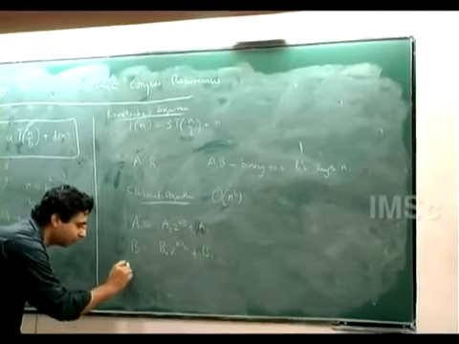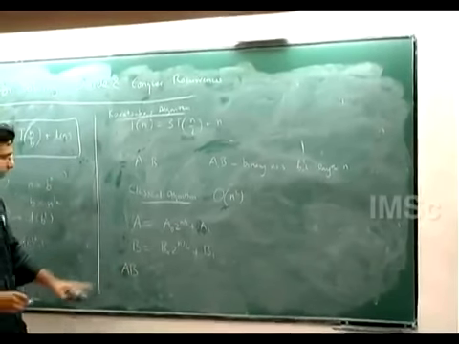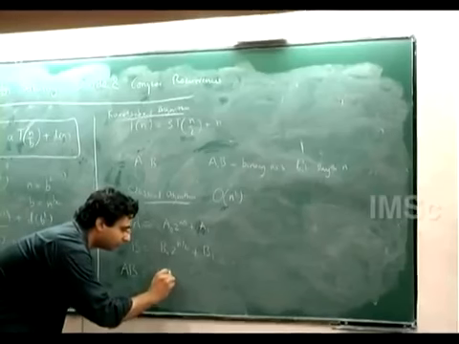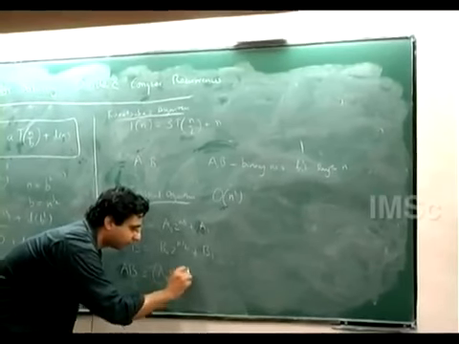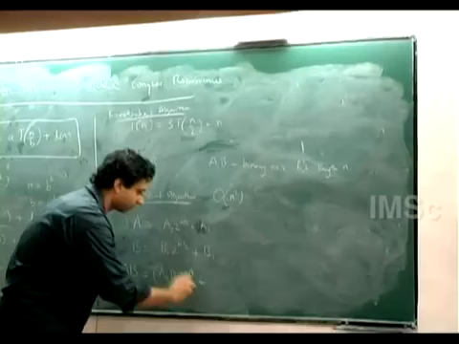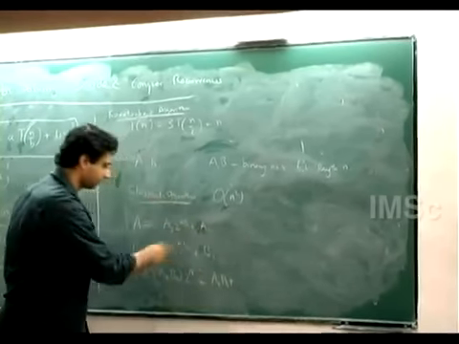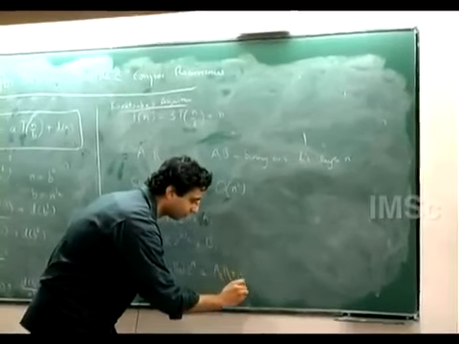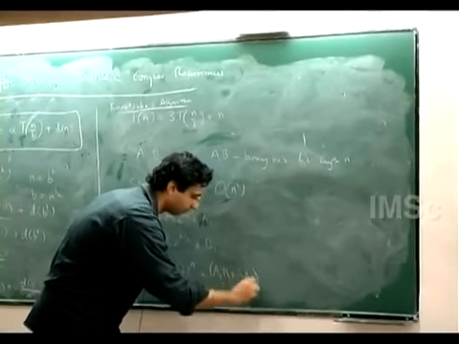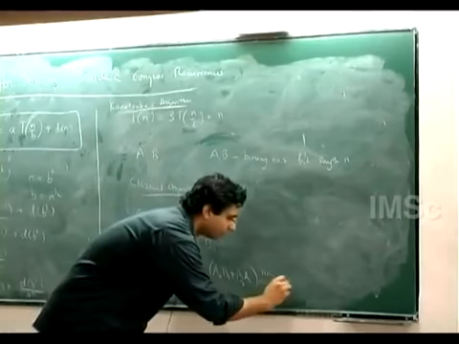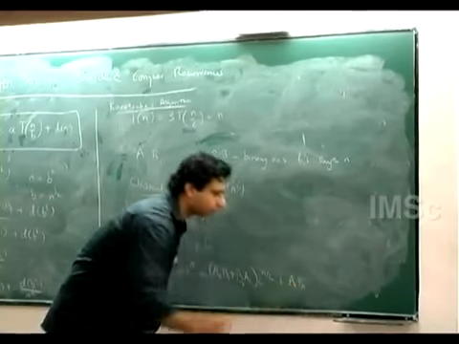So if I take the product AB, what do I get? I get A0 B0 shifted by 2 raised to n, plus A0 B1 plus B0 A1 shifted by 2 raised to n by 2, and then the product A1 B1.